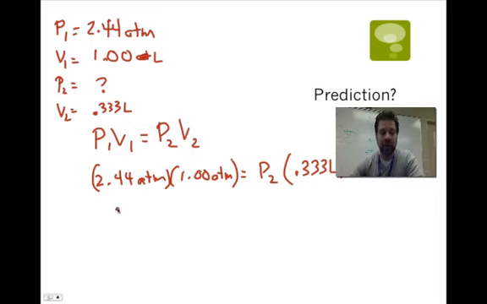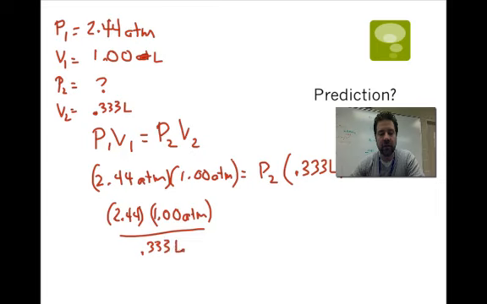What we wind up with then is 2.44 times 1.00 liters divided by 0.333 liters, and that's going to give us P2.